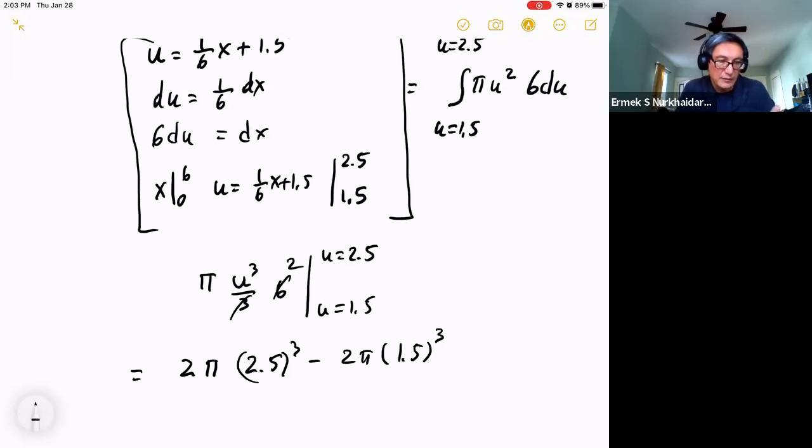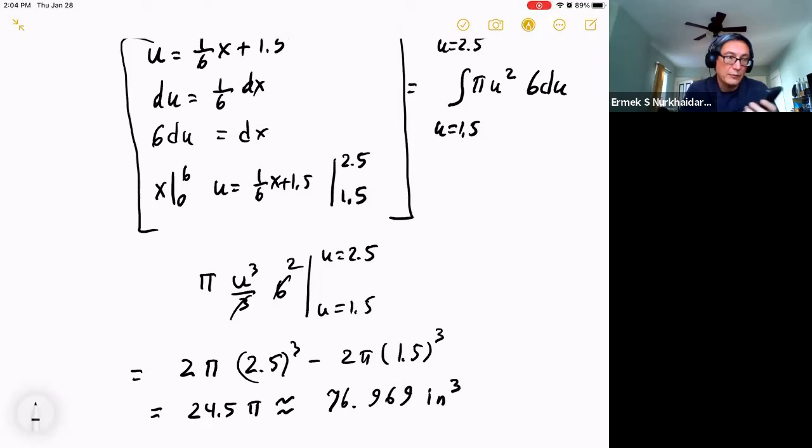So I guess I'll use the calculator to do the calculations. At least I got 24.5 pi, which is approximately equal to 76.969 inches cubed.